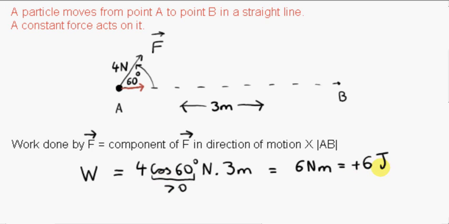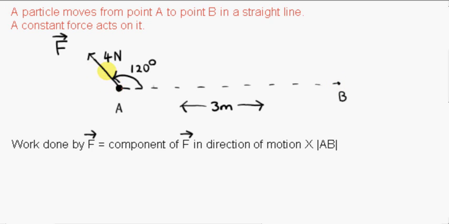When a force does positive work on a particle, it means that the force contributes to the energy of motion of the particle. We will see more about the energy of motion of a particle in a later video. Now, here is an example of a force that takes from the energy of motion of this particle. Remember, the particle moves in a straight line from A to B. What causes that motion is not important.